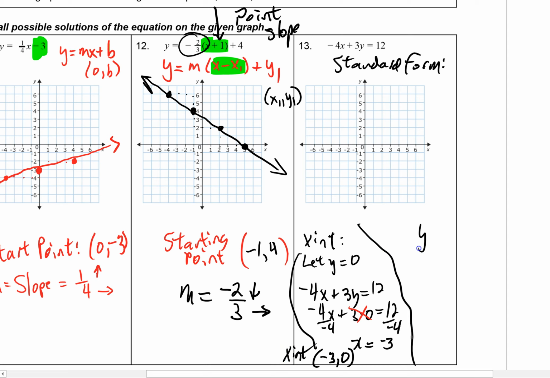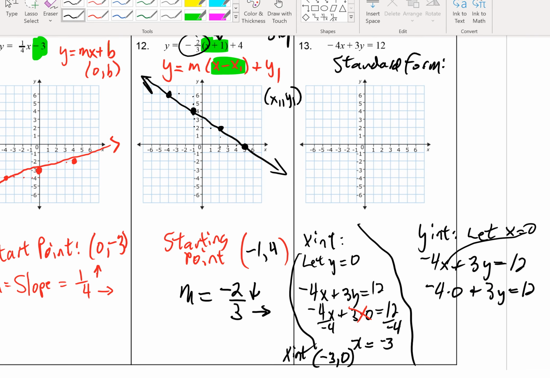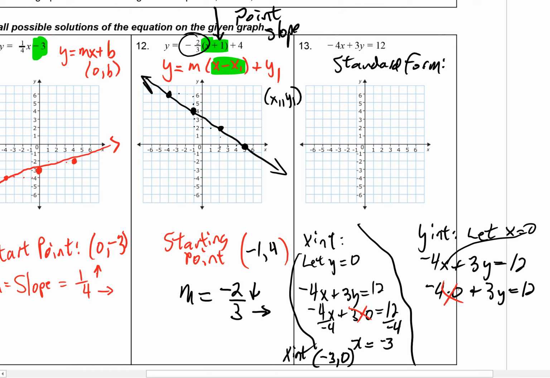What else? Well, we can find our y-intercept. Our y-intercept, that's where we let x equal 0. And if we had negative 4x plus 3y is equal to 12, we've got negative 4 times 0 plus 3y equals 12. And I hope you can see anything times 0 is gone.